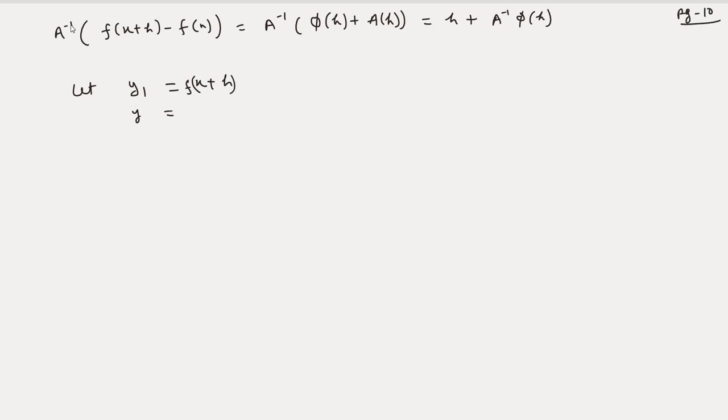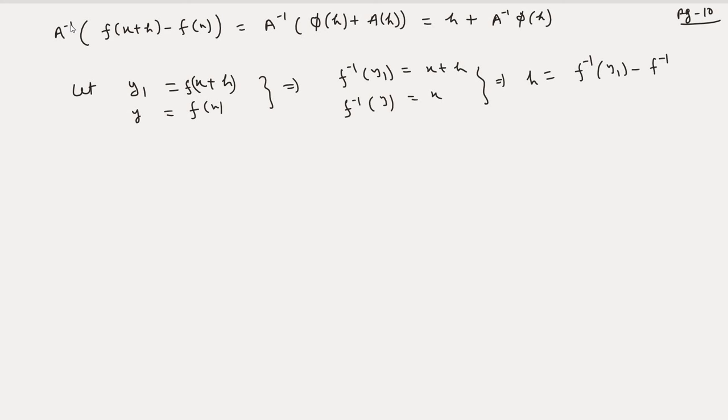So this implies F inverse of y1 equals x plus h and F inverse of y equals x, and this implies h equals F inverse of y1 minus F inverse of y.